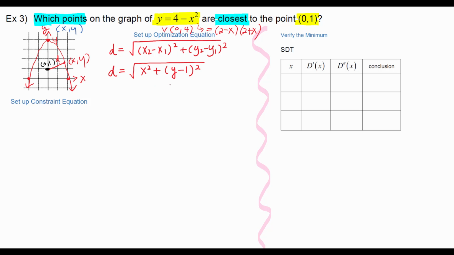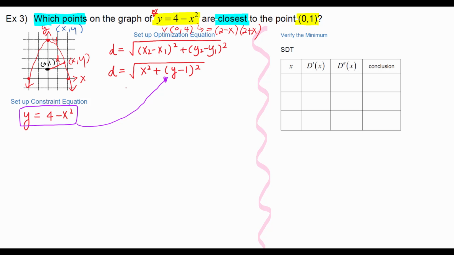And I need a relationship between x and y so that I can get rid of one of the variables. So where is my constraint equation? Well, it has to be somewhere in the problem, right? So the constraint equation is right here: y and x have a relationship such that y has to always equal 4 minus x squared. So you're going to use this constraint equation, and since it's already solved for y, let's plug in 4 minus x squared for y.